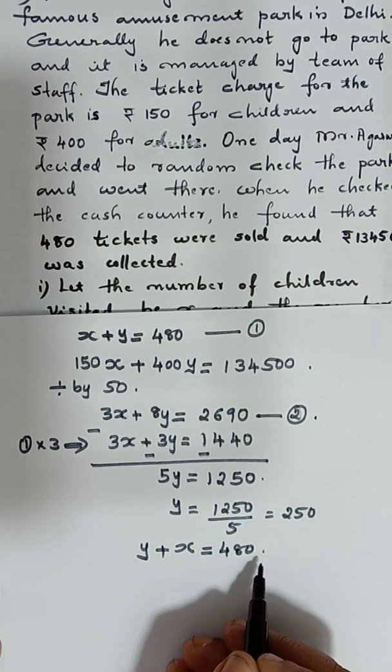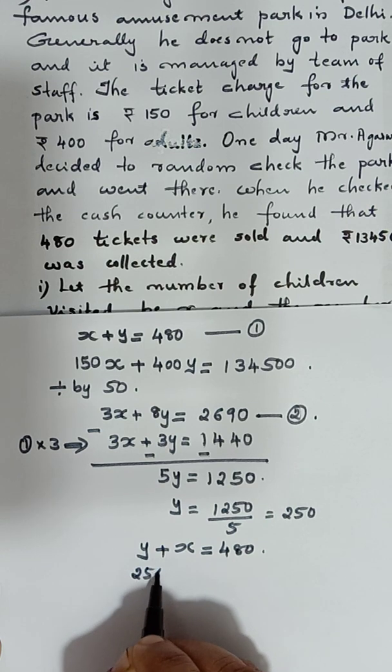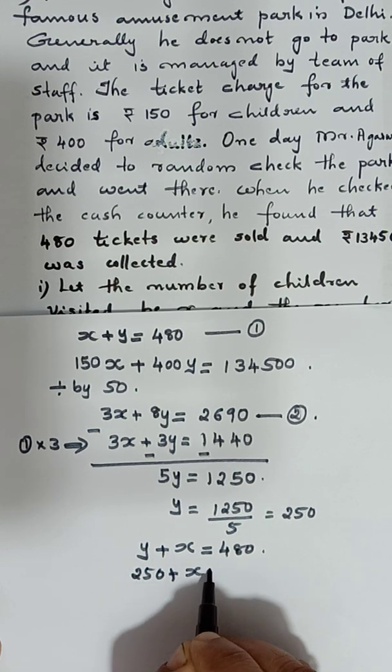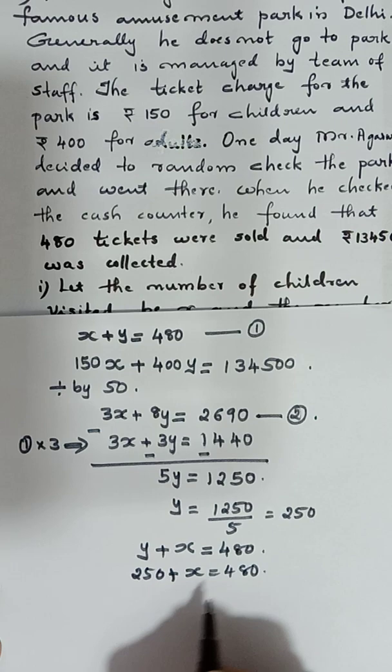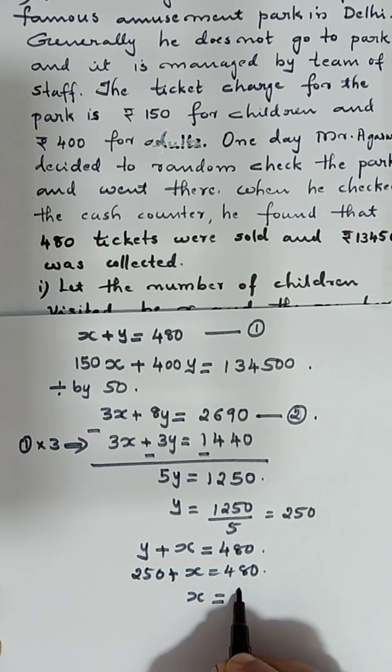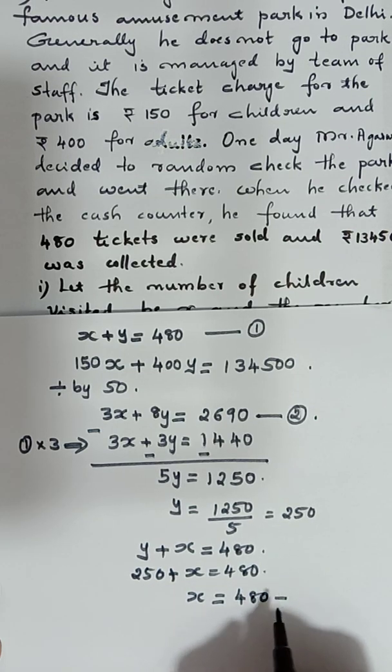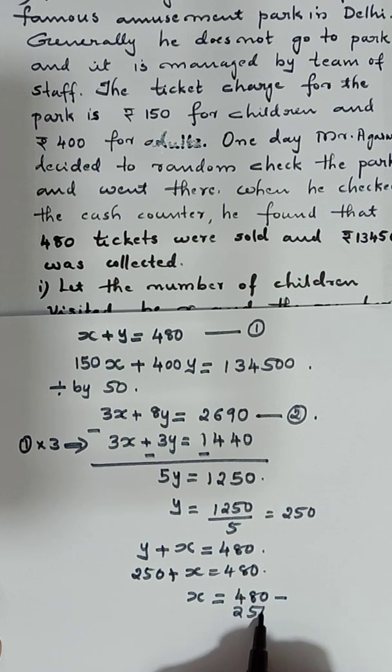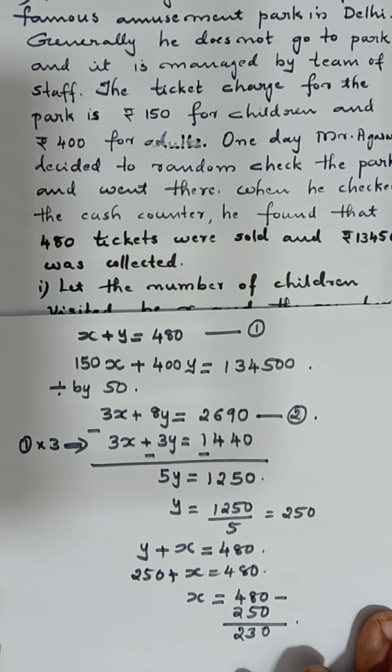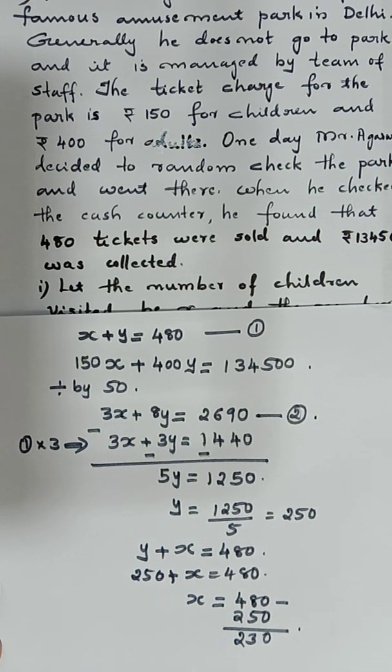X plus y is equal to 480. Y is 250, so x is equal to 480 minus 250. Therefore x is equal to 230.